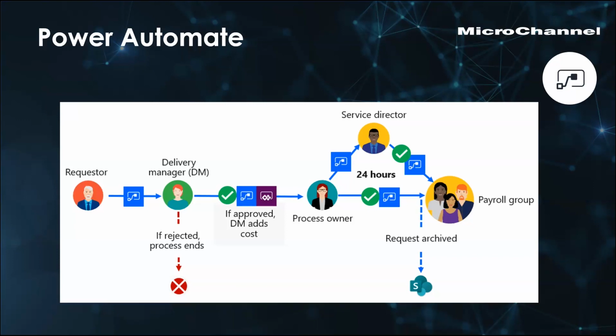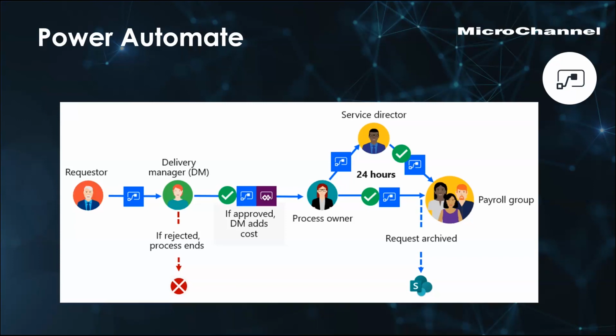So here's an example whereby you can see the linear process that is actually taking place to get an approval completed. So something is requested, Power Automate actually moves that information to the delivery manager, to start a process of if it's rejected, then the process ends.